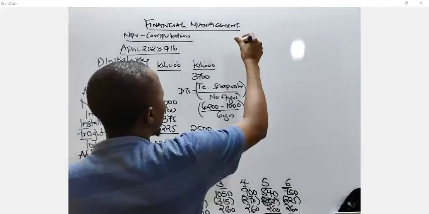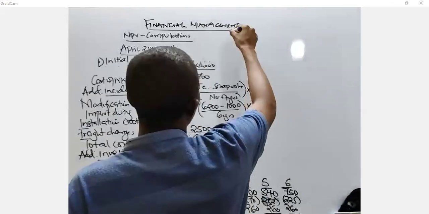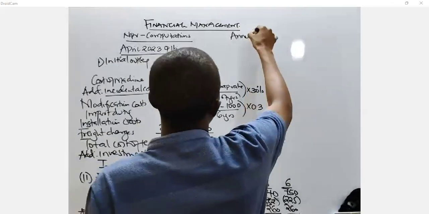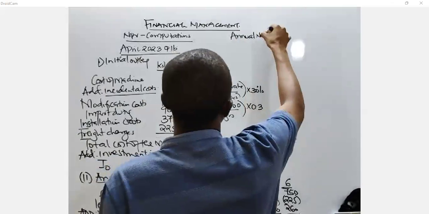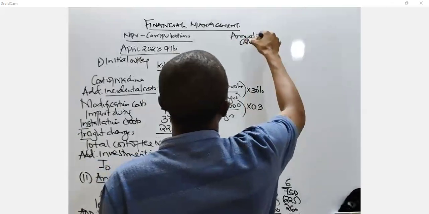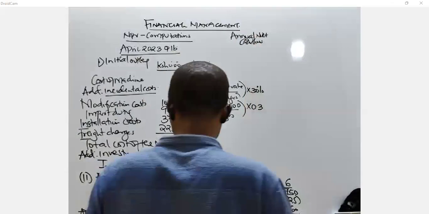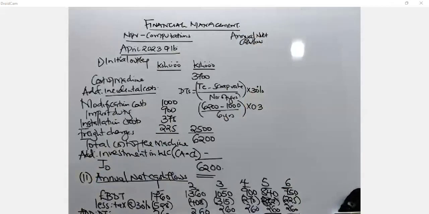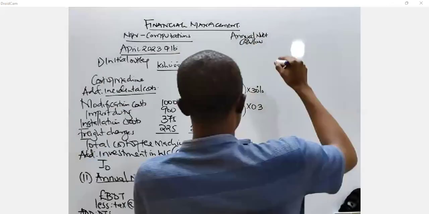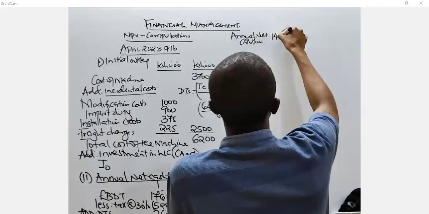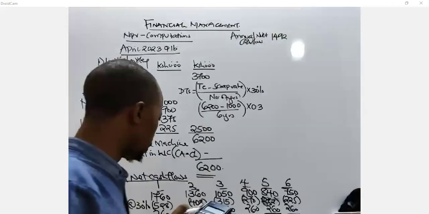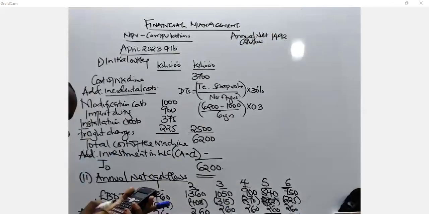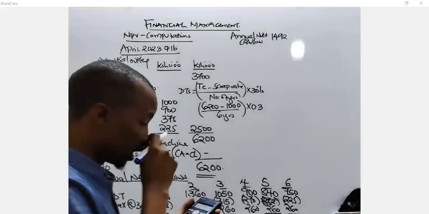So what we are getting down here is what we are calling the annual net cash flows. The annual net cash flows: we have 1,760 minus 528 plus 260. The first one is 1,492. The second year will be 1,360 minus 408 plus 260, getting 1,212.